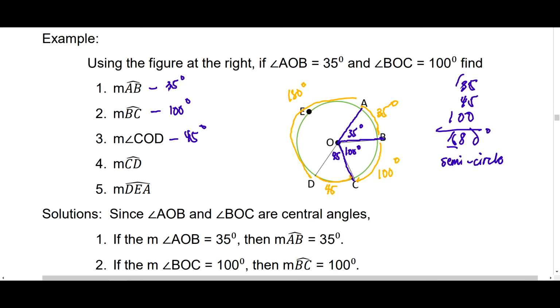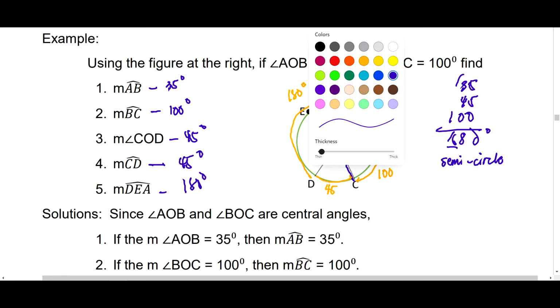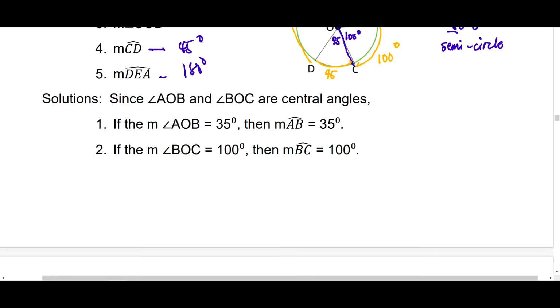Plus yung 180 mo, di buong circle is 360. Arc CD is 45. Arc DEA is 180. So, ganun lang. Minsan mas okay na sagutan mo muna yung figure bago mo i-identify yung mga nasa sasagutan.